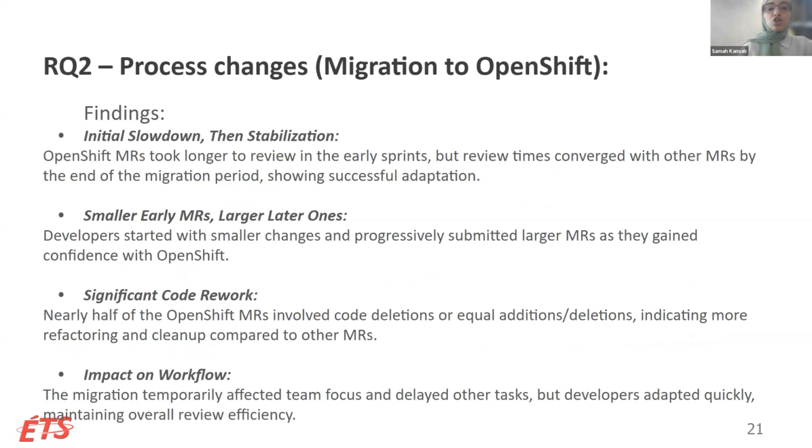So our findings show that in the beginning, we observe a slowdown. So we see that people are very slow to answer the merge requests that are related to OpenShift, which makes sense because people are not familiar with the new technology. So they are taking more time to review and validate the proposed changes.